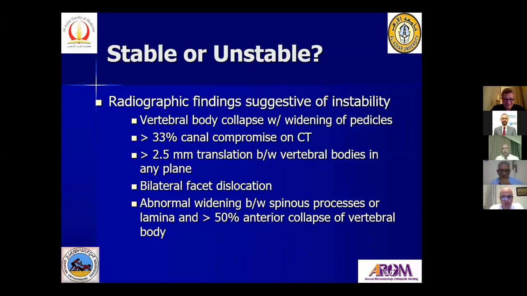The radiological findings suggestive of instability are vertebral body collapse, widening of the pedicle, more than 33% of the canal compromised on the CT, or 2.5 millimeter translation between the vertebral body and the anterior plane, or bilateral facet dislocation, or abnormal widening between the spinous processes or laminae, and 50% anterior collapse of the vertebral body.